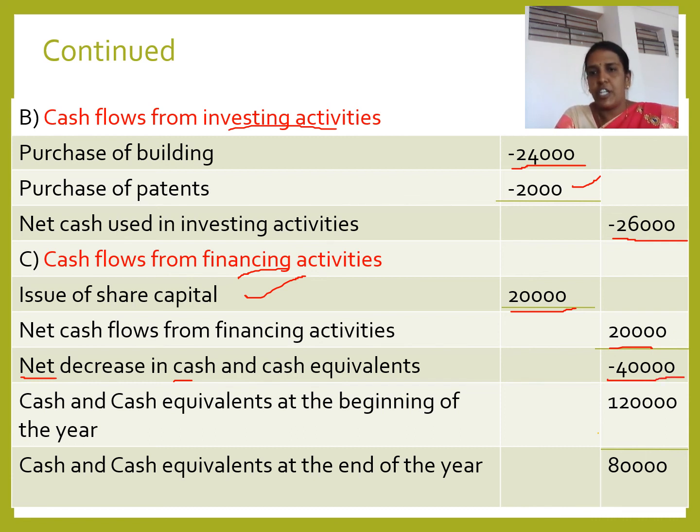That is minus 34,000 minus 26,000, that is minus 60,000 plus 20,000 means minus 40,000. Then next one is the cash and cash equivalent at the beginning of the year was rupees 1,20,000, and cash and cash equivalent at the end of the year is 80,000. That is 1,20,000 minus this 40,000, that is 80,000.